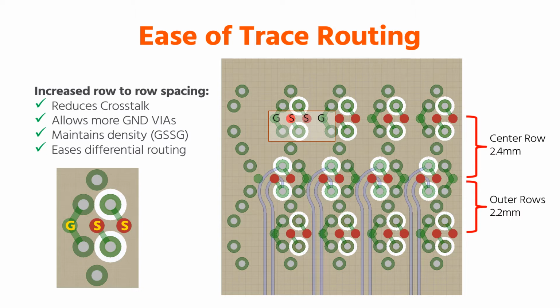And it was completely simulated and tested how to break out the signals. For the high-speed signals, it's quite important to avoid any extra trace lengths or any extra vias. And as a result of the study, the connector was modified. The row-to-row spacing was enhanced, which provides better crosstalk and easier breakout of the signals.